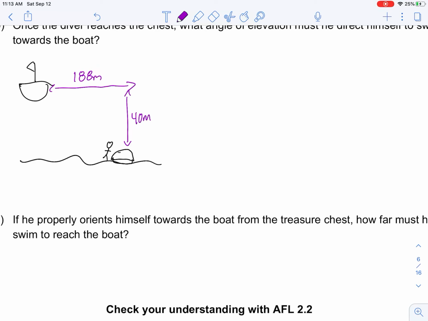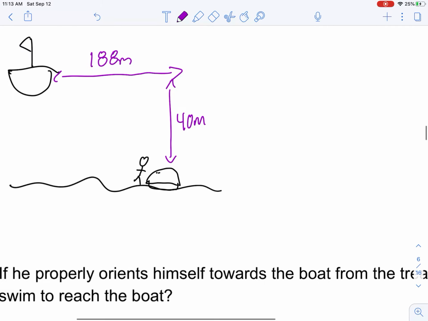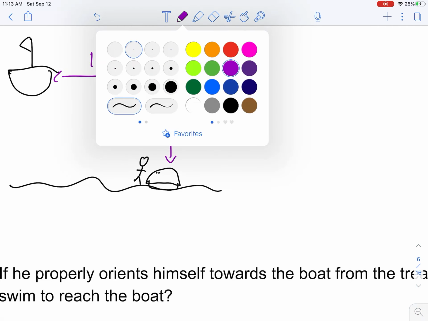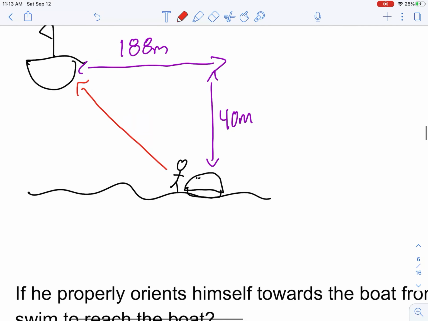This is 40 meters. And now it wants us to figure out, since he's made it there, what is the angle of elevation he must direct himself to swim towards the boat? So he wants to aim himself directly towards the boat and get to it just by swimming straight at it. What is the angle of elevation?